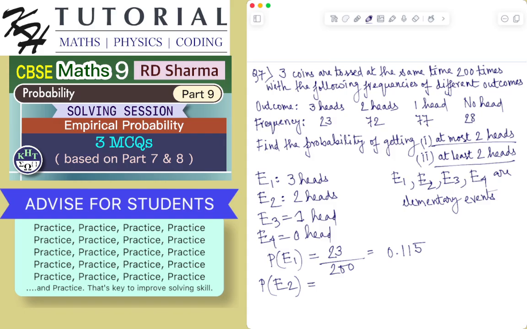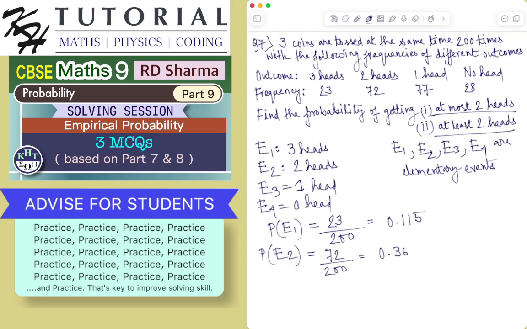Okay, and what is the probability of E2? That is, if I toss 3 coins at the same time, what is the probability that there will be 2 heads and one tail? It will be 72 divided by 200, which is equal to 0.36. Okay, and what is the probability of E3?